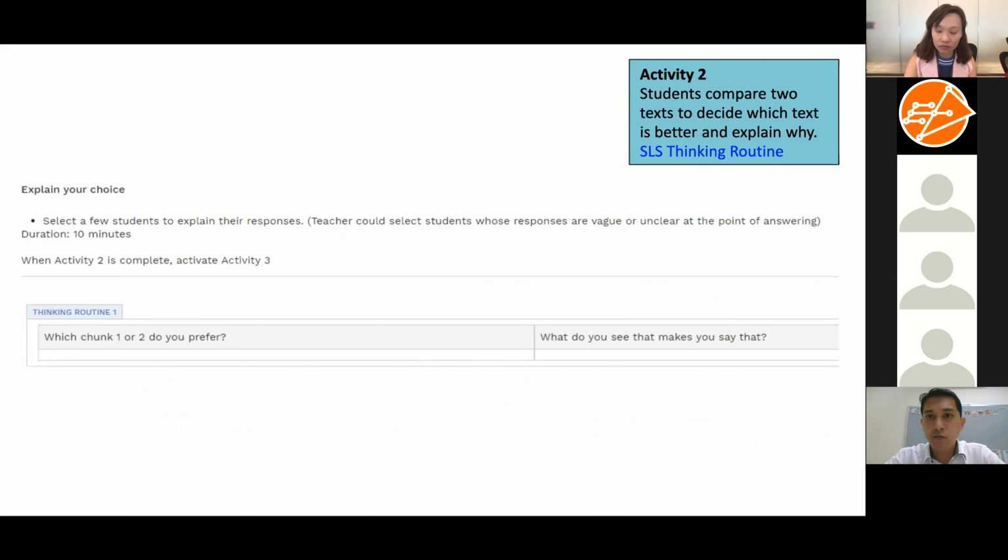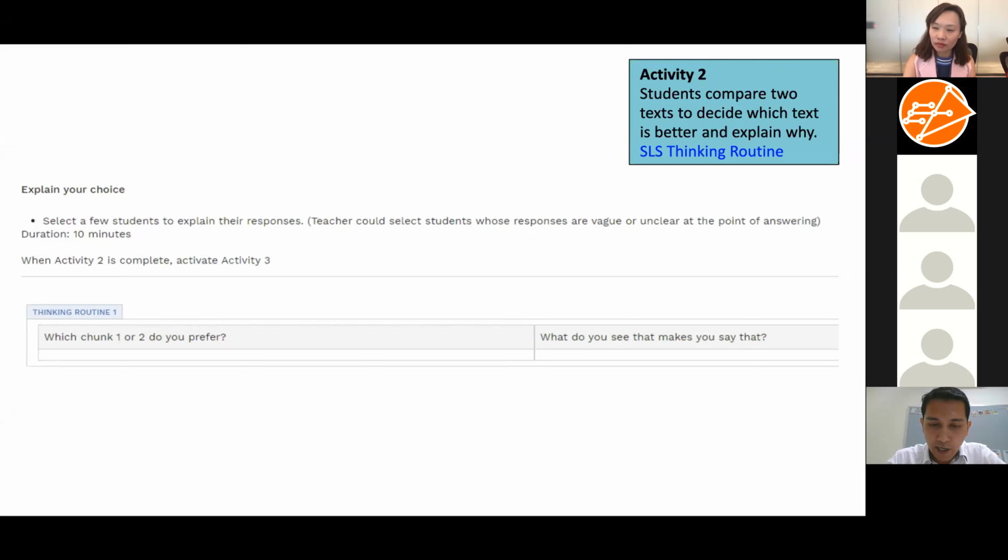In the second activity, having read the chunk, they need to use this thinking routine. It's sort of like a guide for them. So in selecting chunk 1 or chunk 2, we ask them, what do you see that makes you say that? It's just to scaffold their understanding of the task, because we're worried that if it's one question, they may not be able to get the answers out.